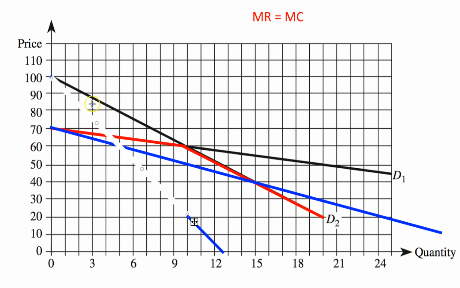Of course, we don't need this MR curve either, so I'll get rid of that too, and this demand curve right there. Below the price of 60, this is the relevant D curve, which means this is the relevant MR curve. So let's get rid of the MR curve and the D curve that we don't need. That's right here.